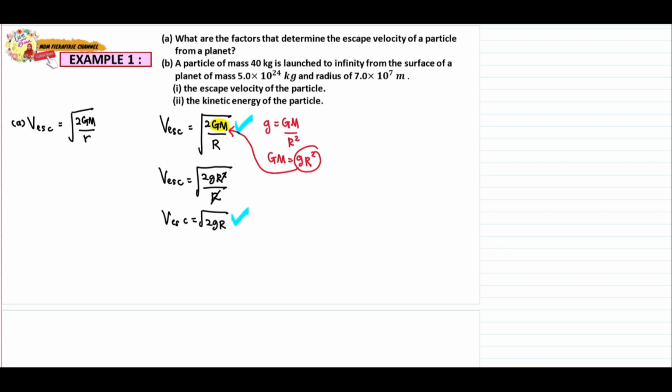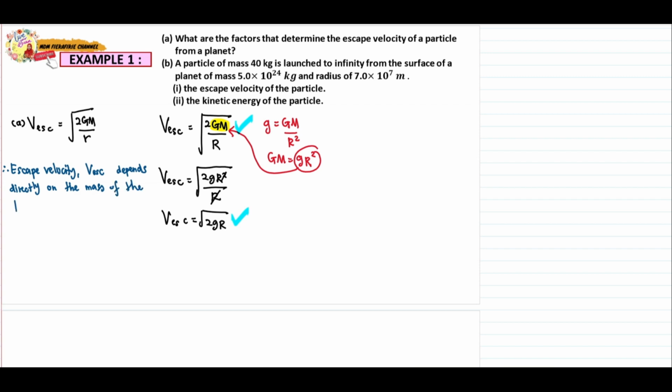Okay, so based on this equation, okay, we can see here that escape velocity, we can write escape velocity, V escape, depends directly on the mass of the planet.